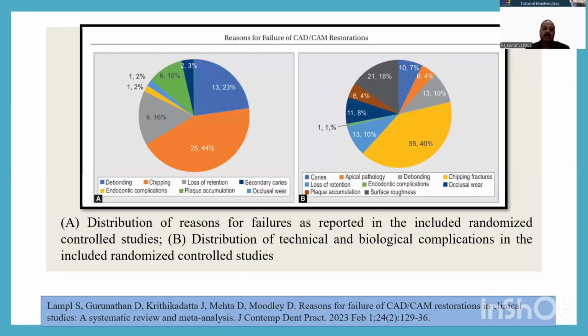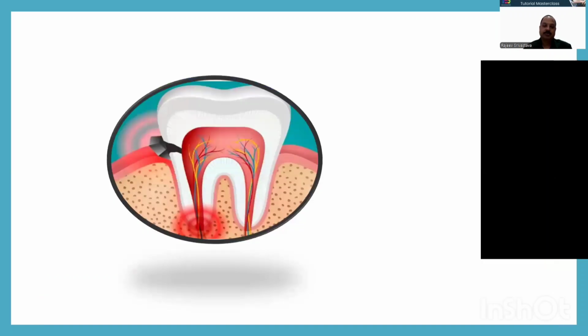In case of zirconia, you can see that chipping is more common in CAD/CAM restoration, followed by secondary caries. Again, the failures are the same here, but they have not done the study with the connector. Most of the bridges which fail when using a zirconia bridge are failures in the connector also.